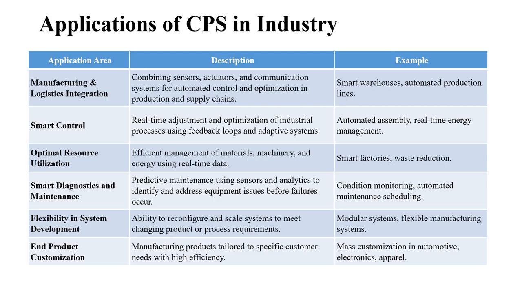Example is the mass customization. Then you have electronics, apparel. Okay, so here mass customization is this CPS will enable the production of customized products on a mass scale, that is on a large scale, where the individual consumer preferences can be incorporated into the production process without disrupting the efficiency.